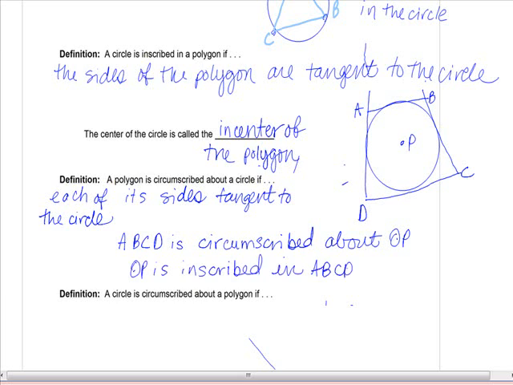We'll take a moment to let that sink in. Circumscribed means around, and inscribed means within. So it just depends on which word you want to use, because you can describe the same situation using either word. Is that clear?